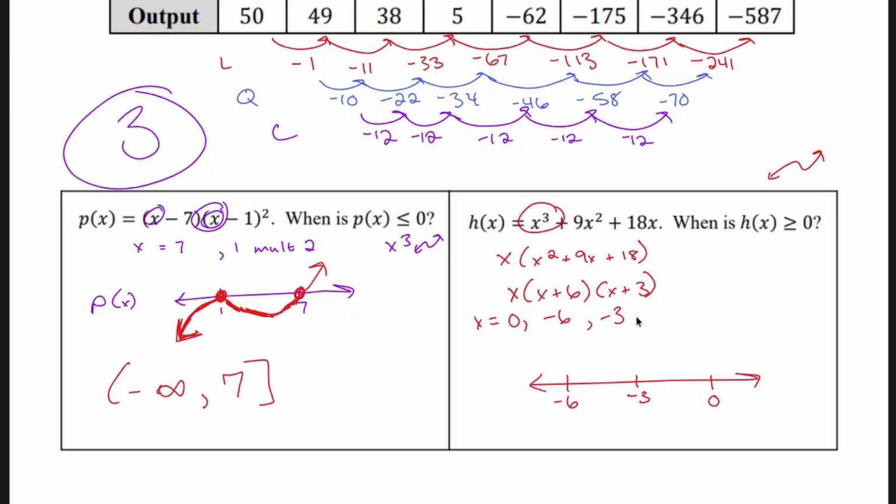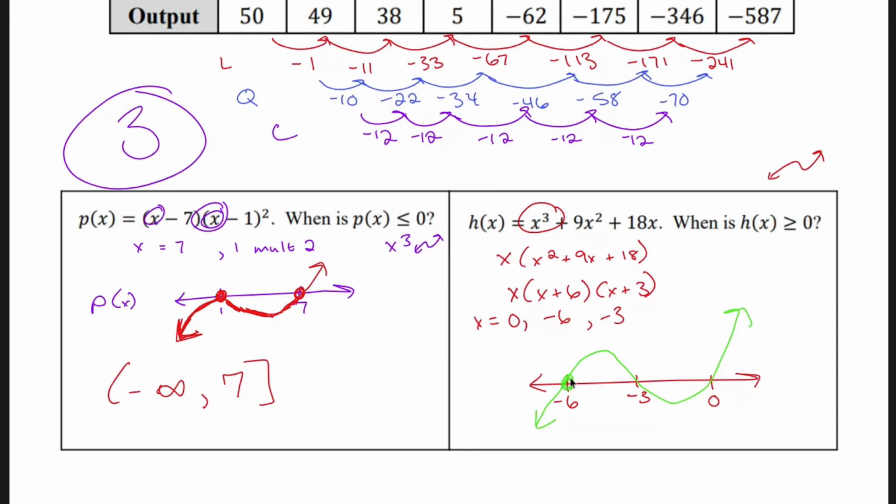Okay, this is a cubic, again, so it looks like that. So it's going to start from the bottom. Go through negative 6, come back down, go through negative 3, go through 0, and nothing fancy at all happens. We care about when it's positive and also 0.